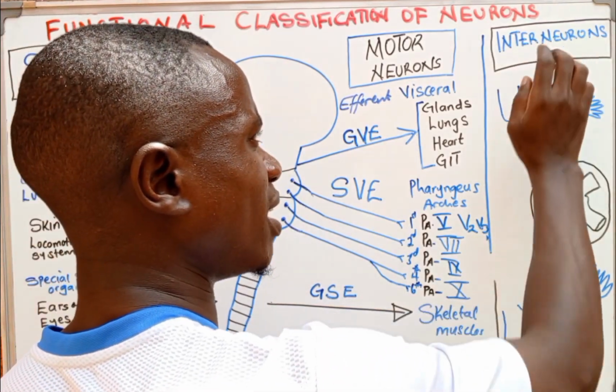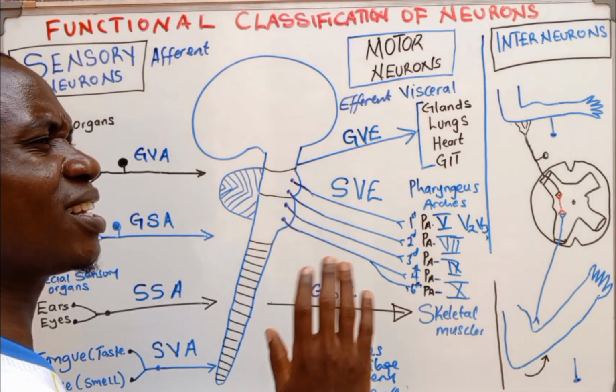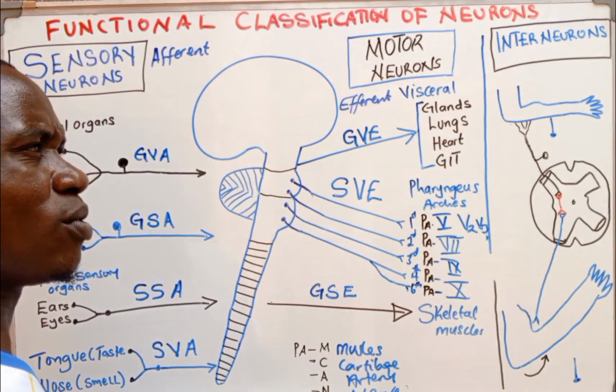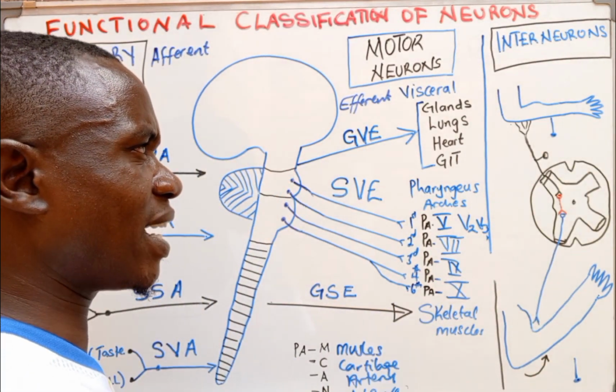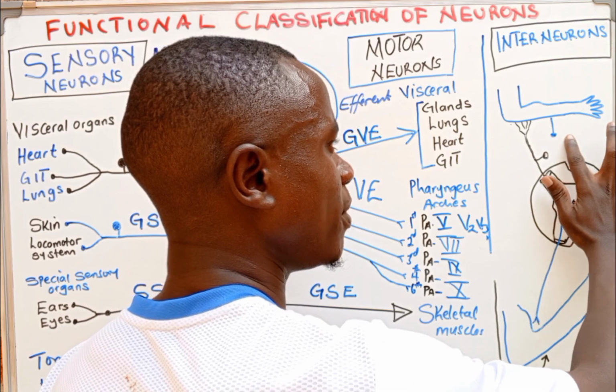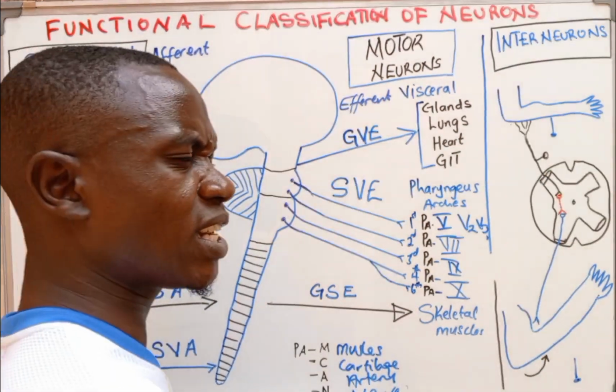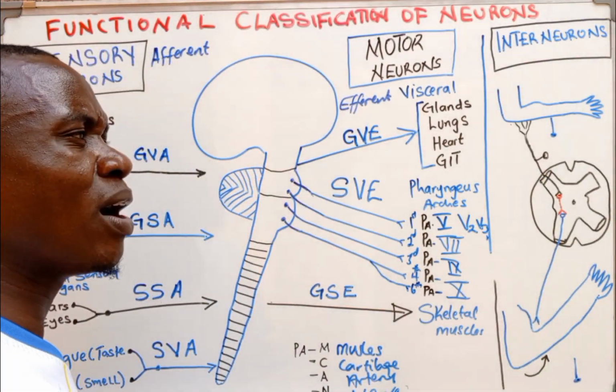We went ahead and talked about the interneurons, that the interneurons connect the sensory neuron to the motor neuron. For example, we talked about the simple reflex arc, whereby if you have anything piercing you, or when you step on a hot substance, you withdraw immediately.